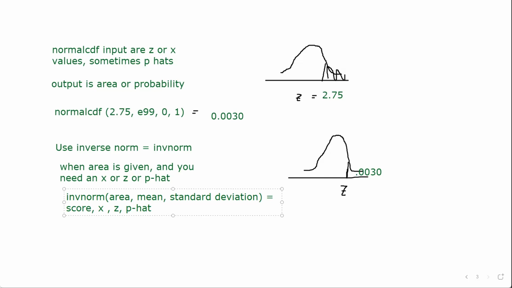And I should get something close to 2.75. Now, why did I give it 0.997? Because remember, when we're using inverse norm, the calculator wants the left area.